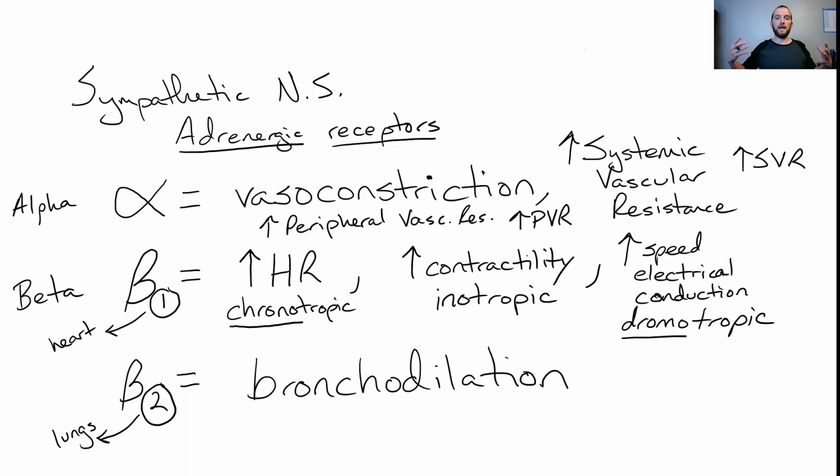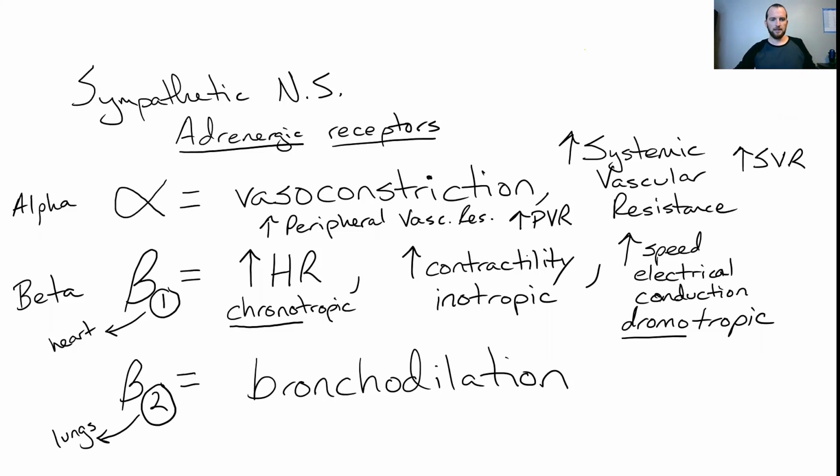By bronchodilating, it's making it easier to get that oxygen into the body. The more oxygen we can get into the body, the more we can keep all of the cells happy and keep the whole system running in this significant fight or flight response. So beta 2 stimulation causes that bronchodilation.